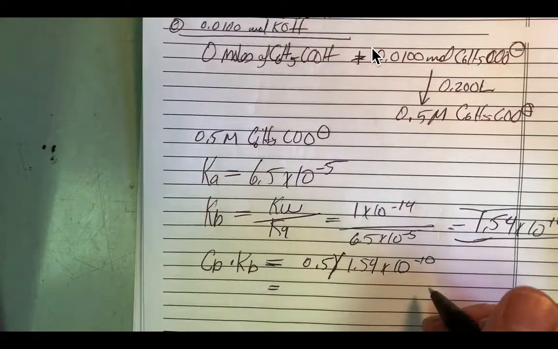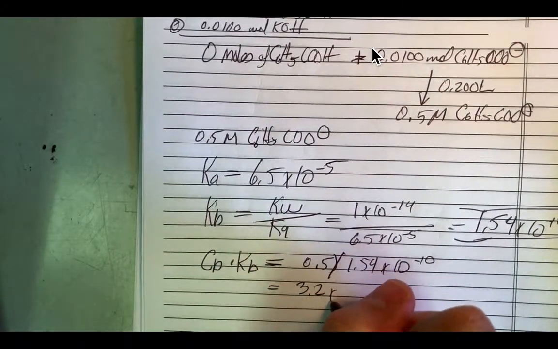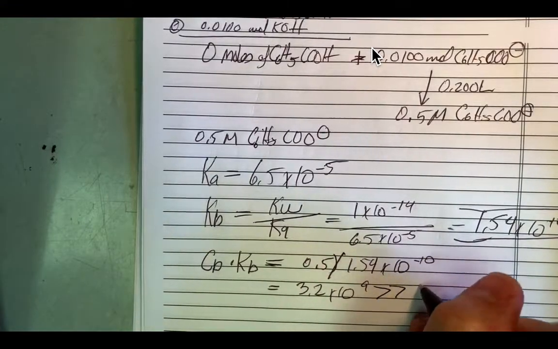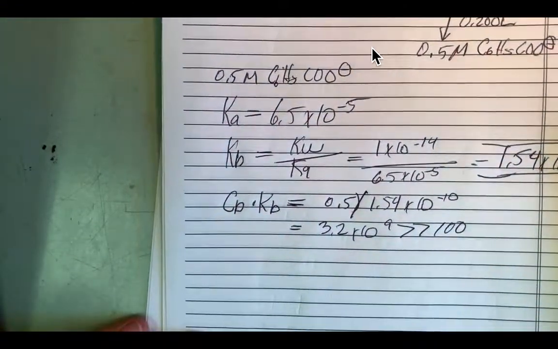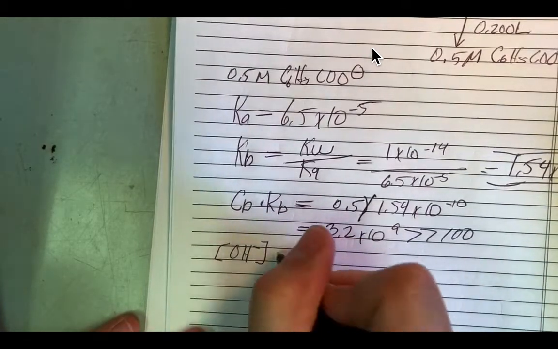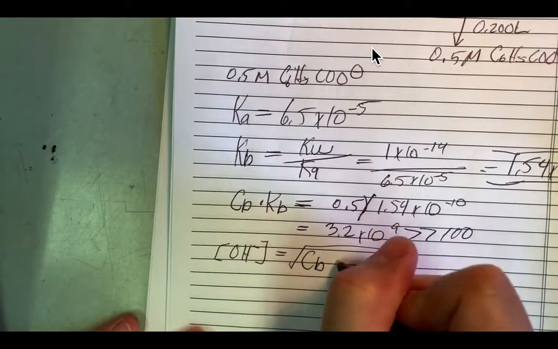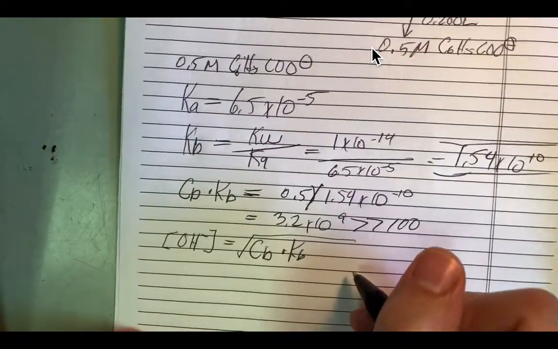Okay, huge number. Much greater than 100, so this definitely will work. Concentration of hydroxide is equal to the square root of Cb times Kb.